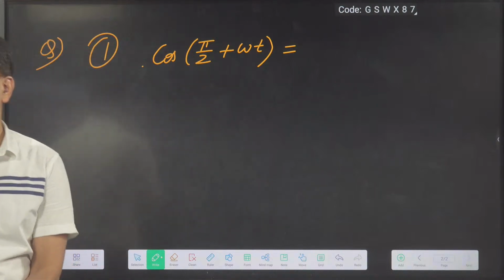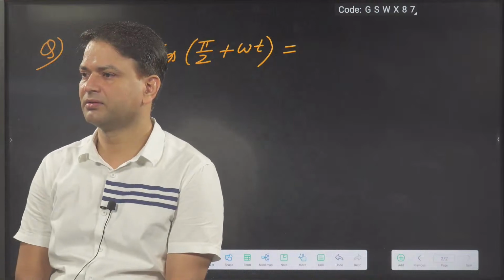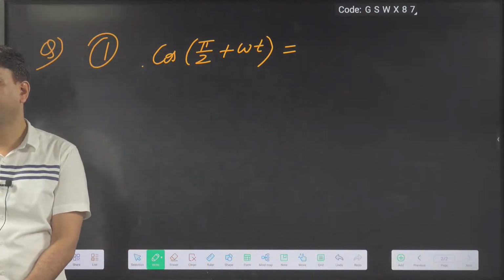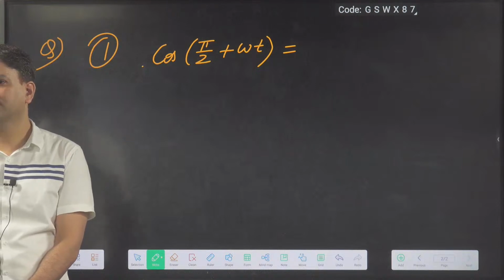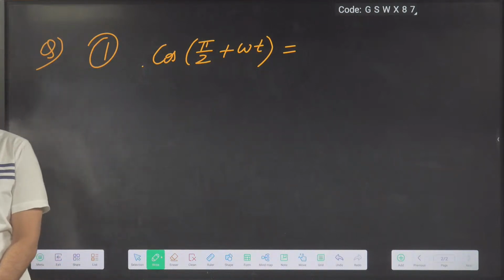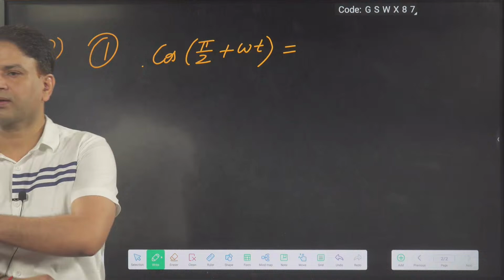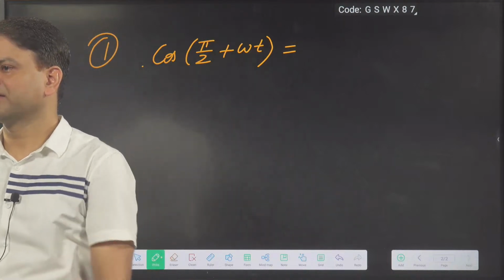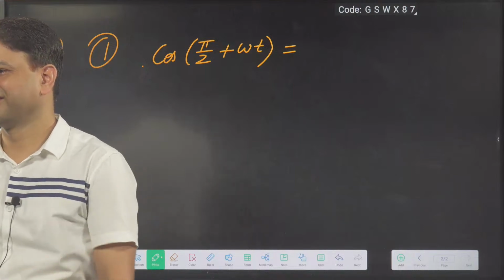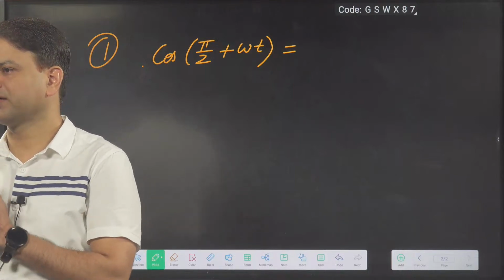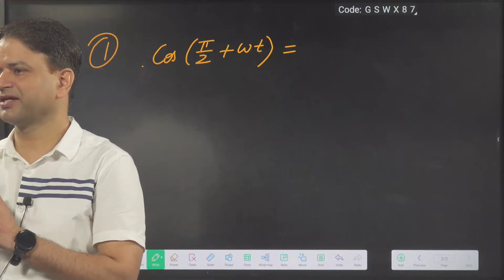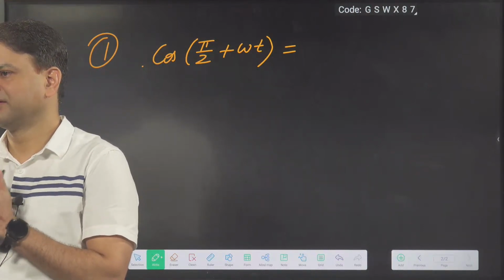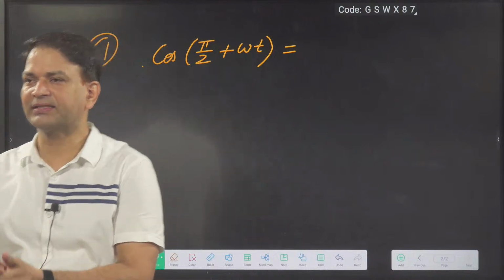Cos of pi by 2 plus omega t. The answer is minus sine omega t.